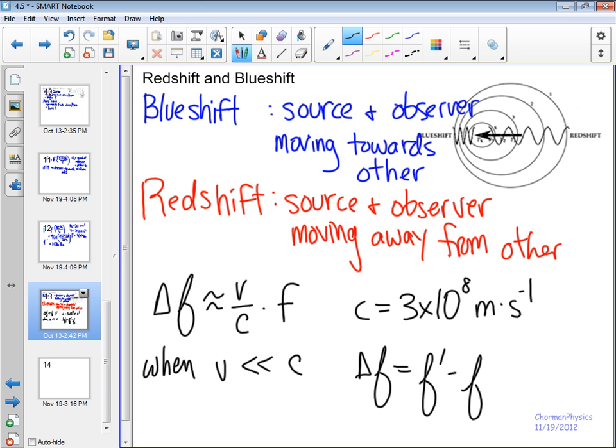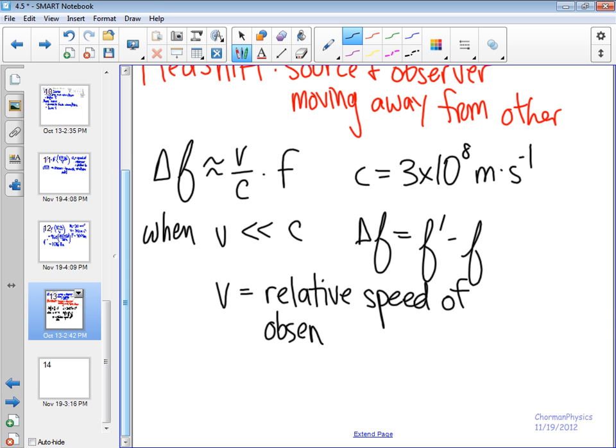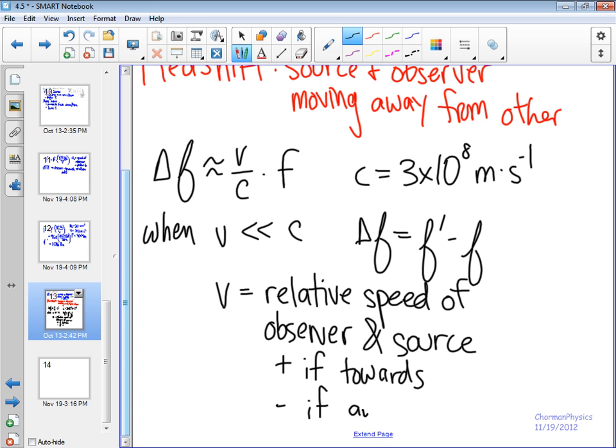Delta f is just equal to f prime minus f, and v is the relative speed of the observer and the source. v is positive if towards, and that affects your f prime, negative if away.